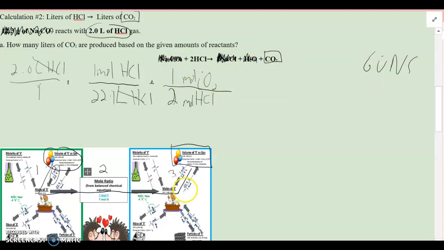So my last step of the setup, as you can see, you can always check to see if you're doing it right. Units are canceling as you go. That looks great. So you can do this a couple different ways. You can either look at your mole map, which I'm about to do, or you know that you need to put this unit on the bottom of the other side. Let's just double check that though. It tells me here, right, 1 mole down will do. 1 mole of the thing I'm looking for, so that's CO2.